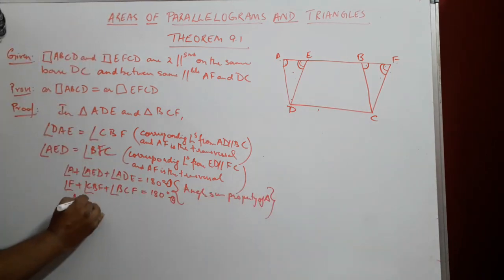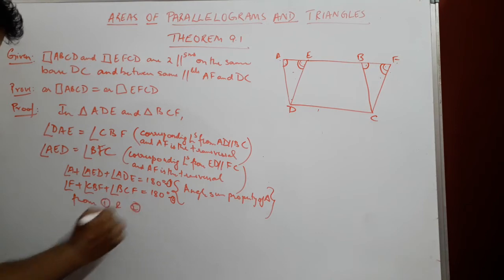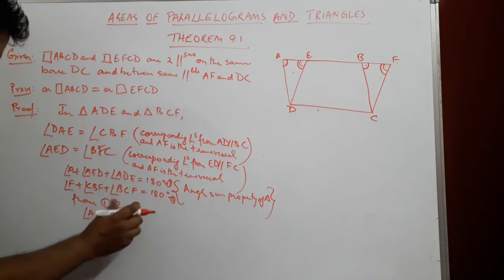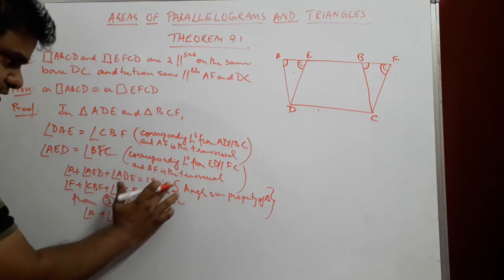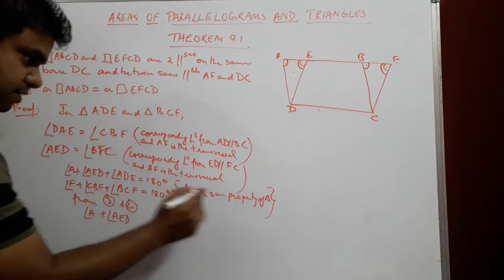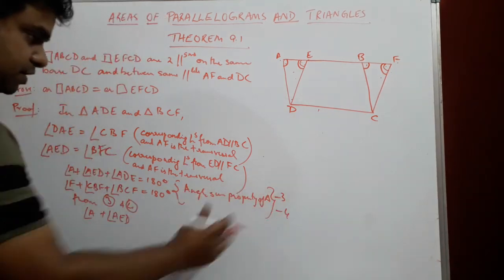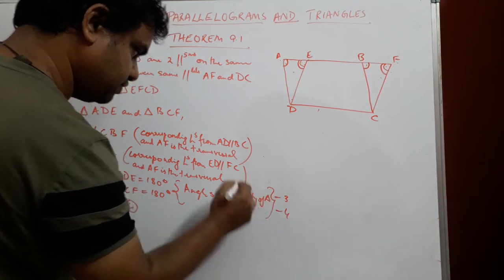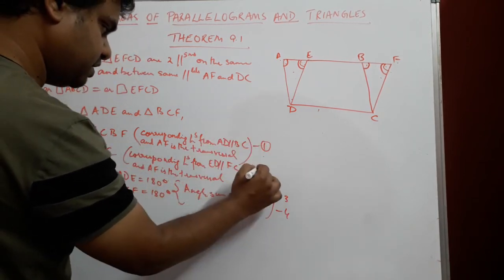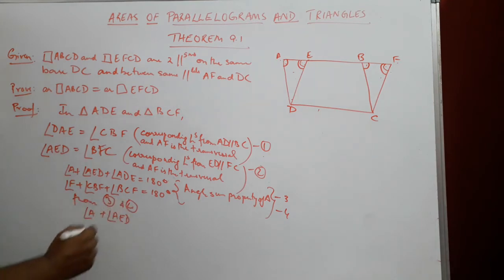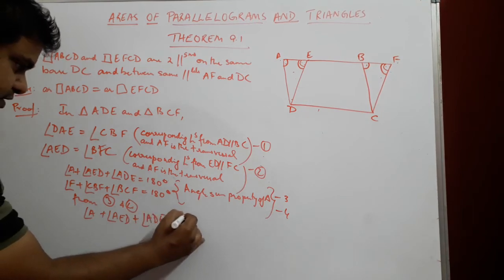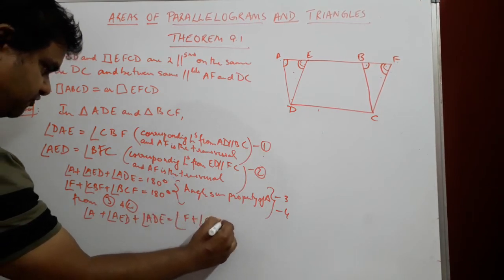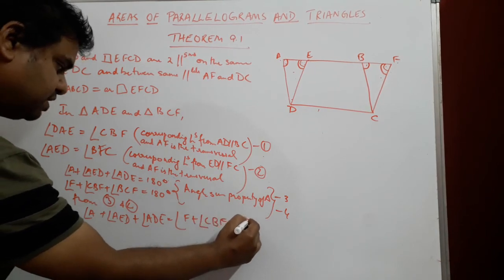So from 1 and 2 we can say that angle A plus angle AED, in fact actually I'll mark this as 3 and 4, and over here I'll mark this as 1 and 2. So from 3 and 4 we get angle A plus angle ADE equal to angle F plus angle CBF plus angle BCF.